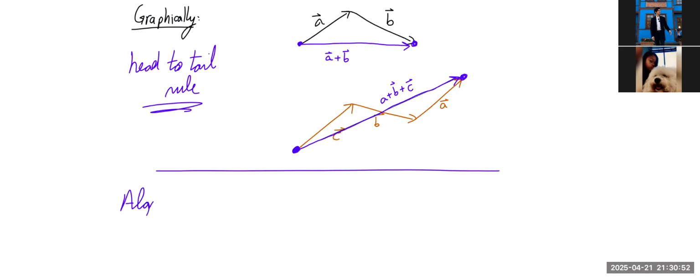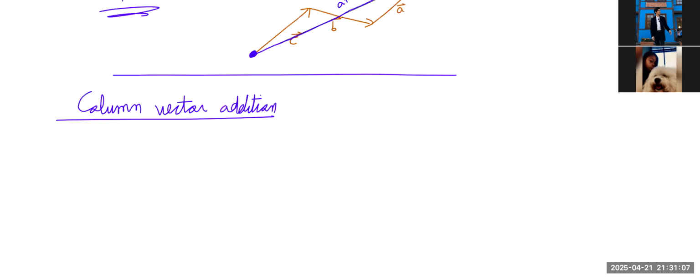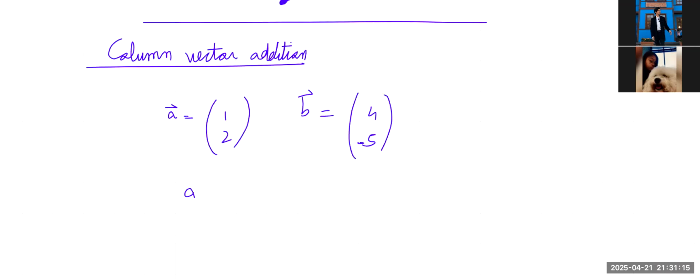Like in the column vector form, basically. Let's actually talk. Column vector form is really easy, so let's just quickly touch on it. Column vector addition is simply regular addition. For example, if I tell you that A is (1, 2) and B is (4, -5), you can add A and B by simply adding the top of A to the top of B and so on.